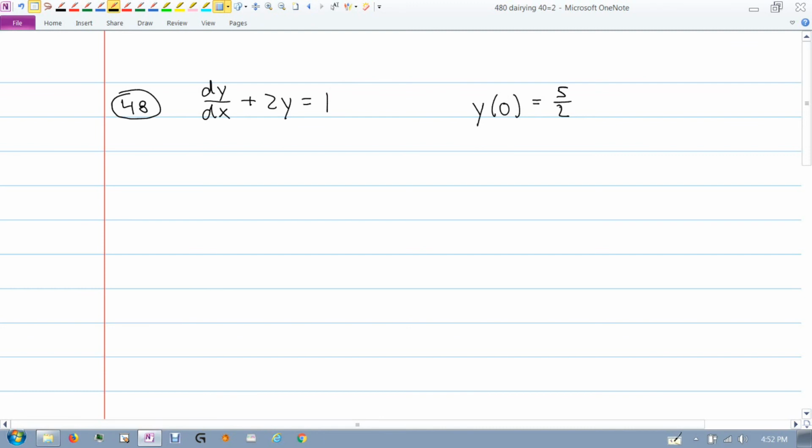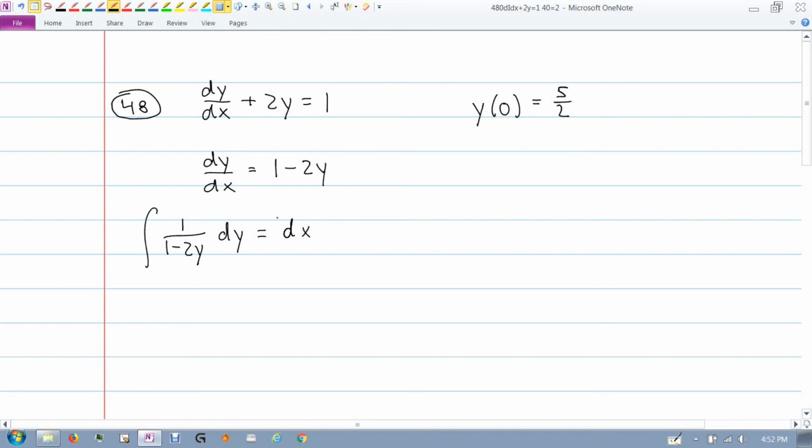Okay, so let's see what we can do here. Well, I guess we subtract 2y from both sides just to get one term over there, and then divide both sides by 1 minus 2y, and then multiply both sides by dx.